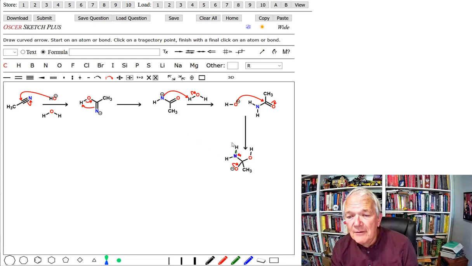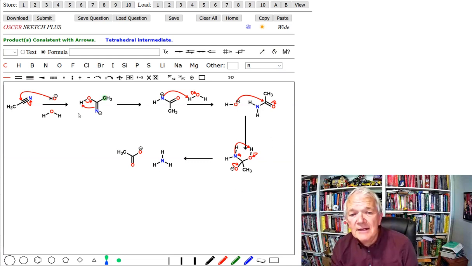So at the same time, we'll go pick up the proton here and restore that carbonyl. So this is going to give us our carboxylate and our amine.